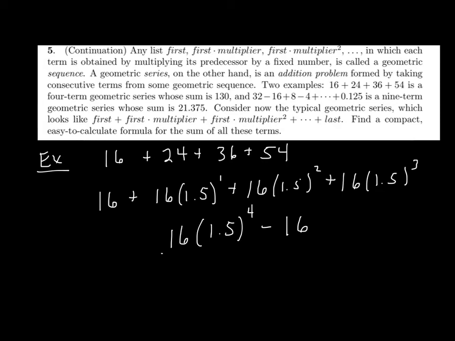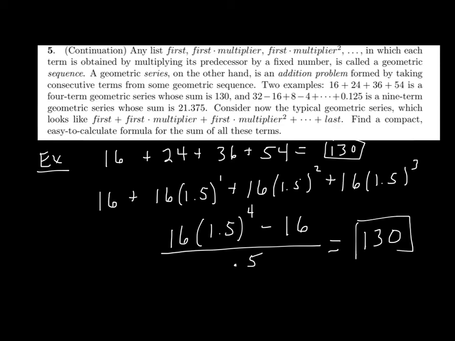Divided by what? 0.5. Someone with the calculator, see what that is, please? I got it. So Connor says we have 130 is our answer. If you add all these up together, you get 90 plus 40, which is 130.